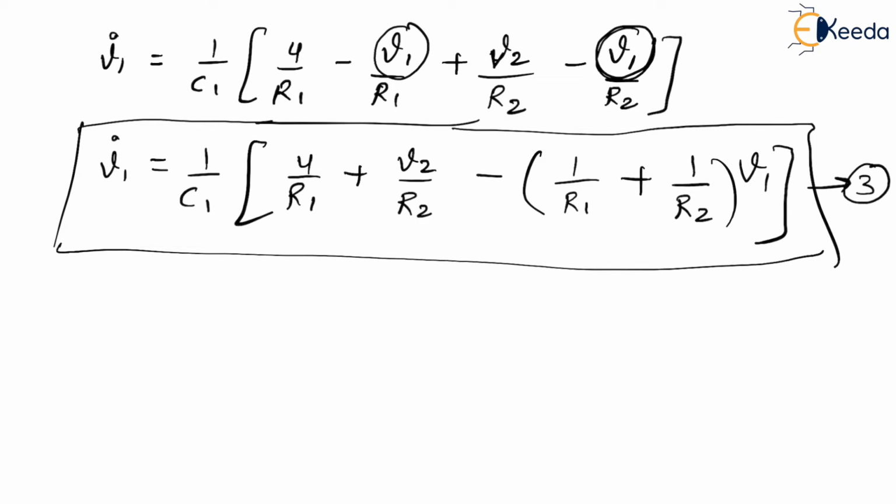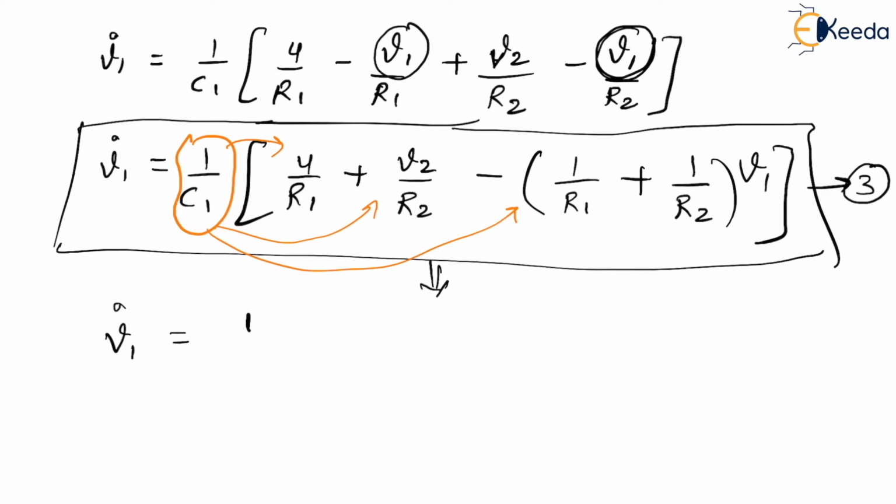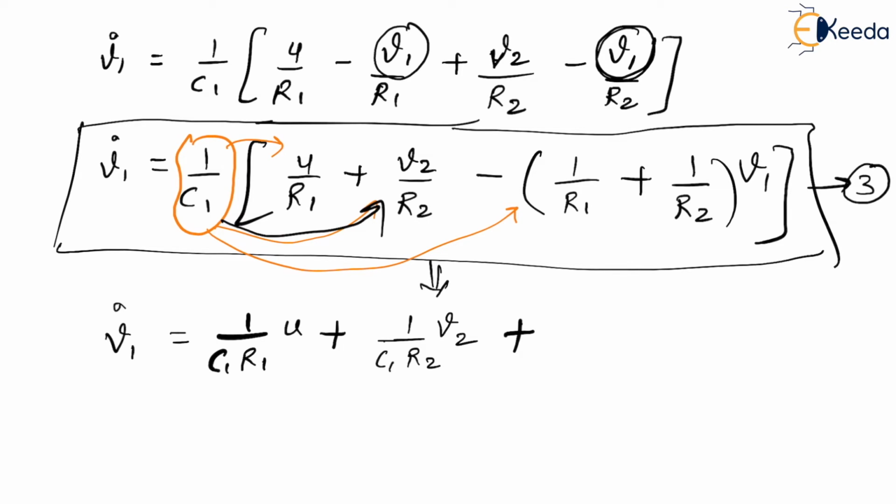Now, if I make this a bit better, let me consider V1 dot is equal to, let us say, I take this 1 by C1 inside, meaning it gets multiplied with each of these terms. So it is going to become 1 upon C1 R1 into U plus, when multiplied with this, 1 by C1 R2 into V2, and then minus the same one, 1 by C1 into (1 by R1 plus 1 by R2).